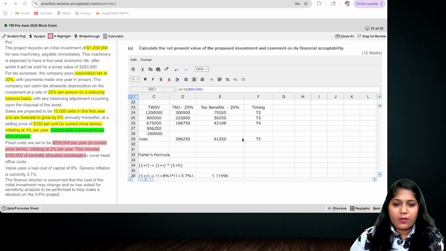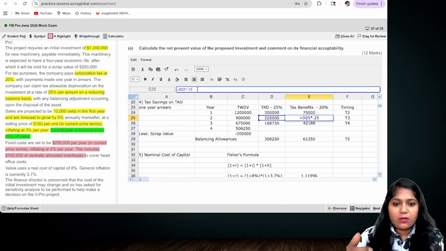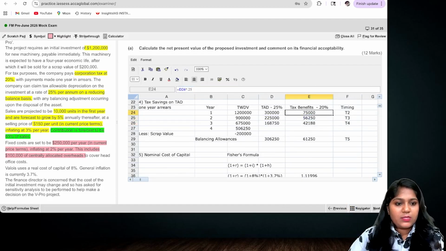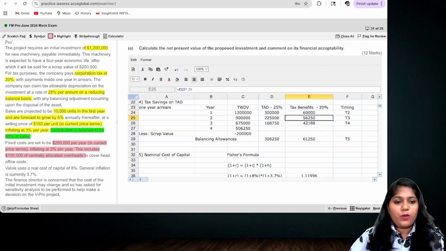Let me just cross verify. I think yes, everything is right as far as we have done. So, 20 percentage. Oh yeah, somewhere here. No, we have made one small mistake here. It's 20 percentage, so I have changed it to 25 percentage. Yeah, so drag it down.